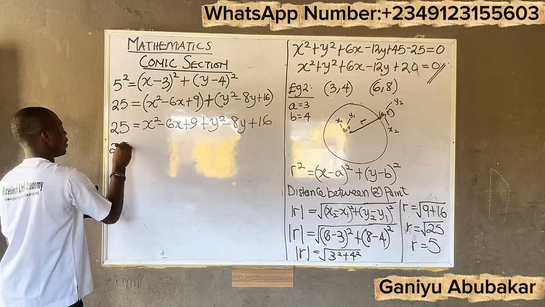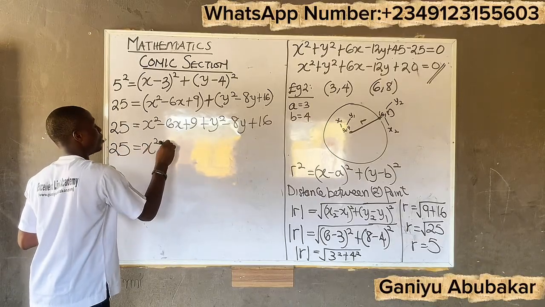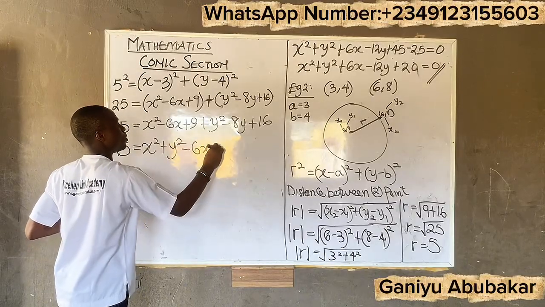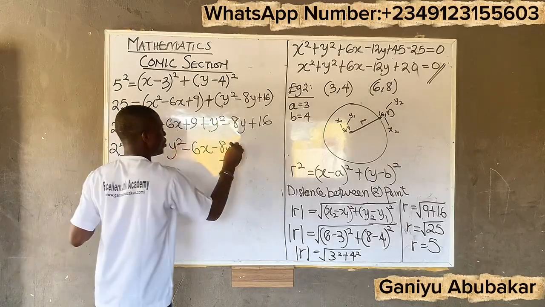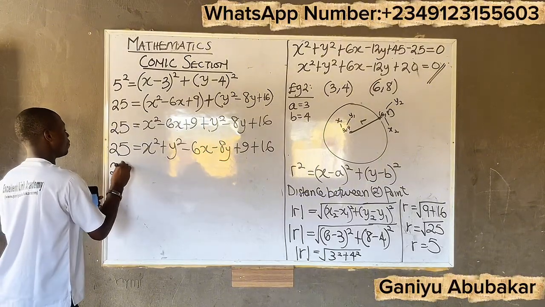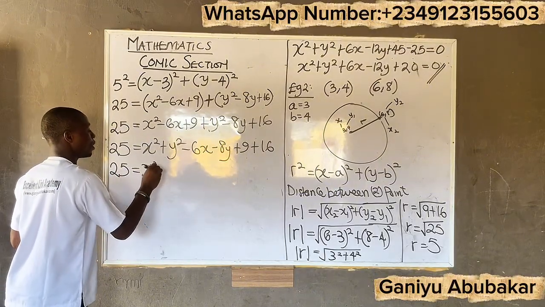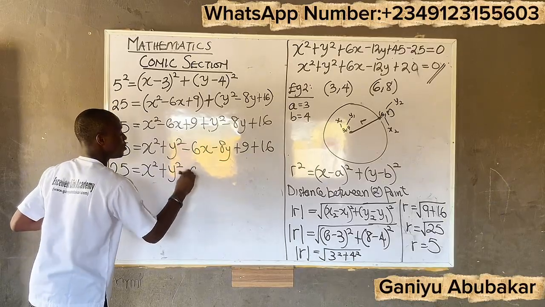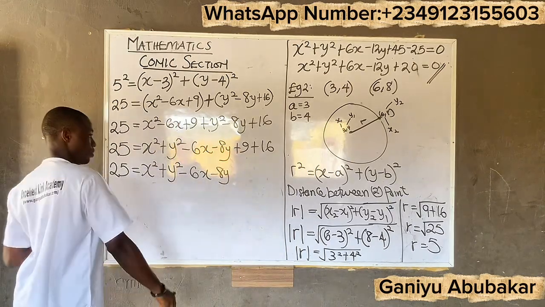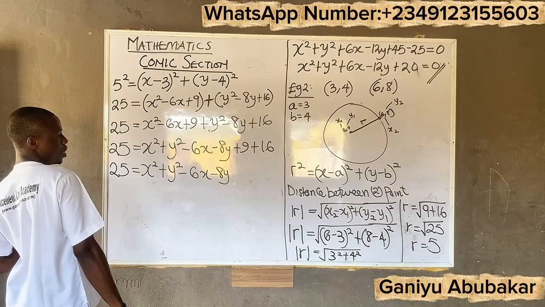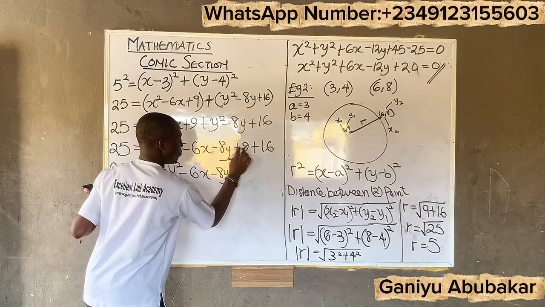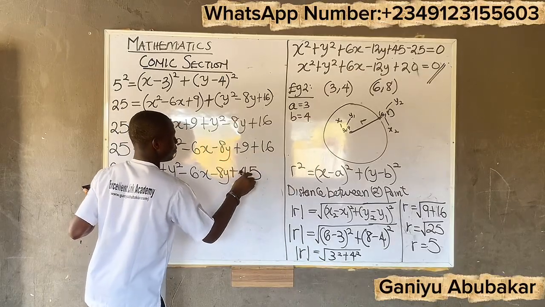That gives you 25 equals x squared plus y squared, then minus 6x minus 8y, then I'm left with plus 9 plus 16. So 9 plus 16 gives about 25, right?